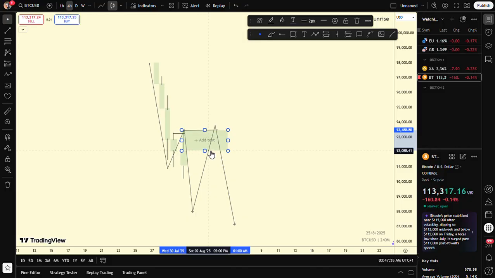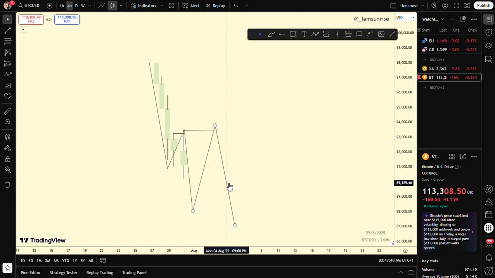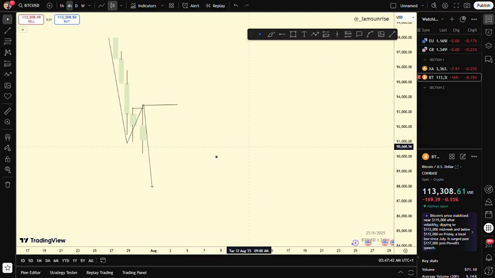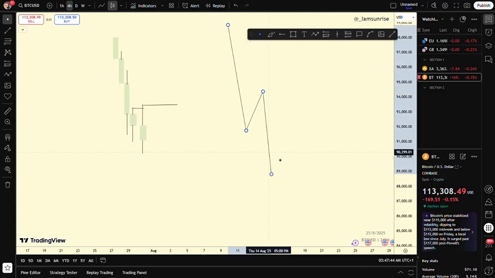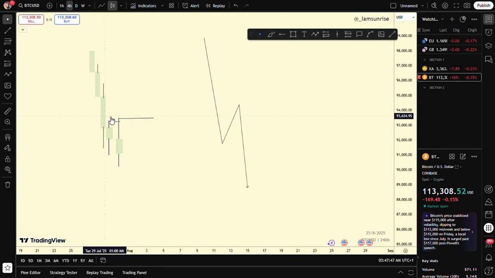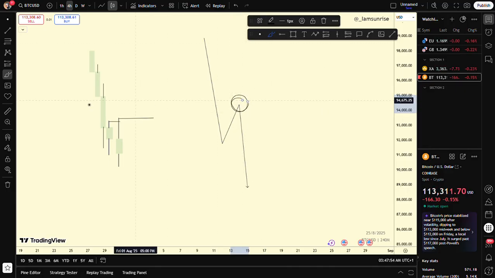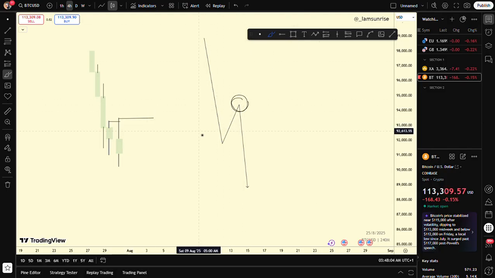I don't know if I am making you understand something here. That inducement was created from the pullback, which means this leg right here, this thing you see right here, was created from this pullback, this high that was taken out.